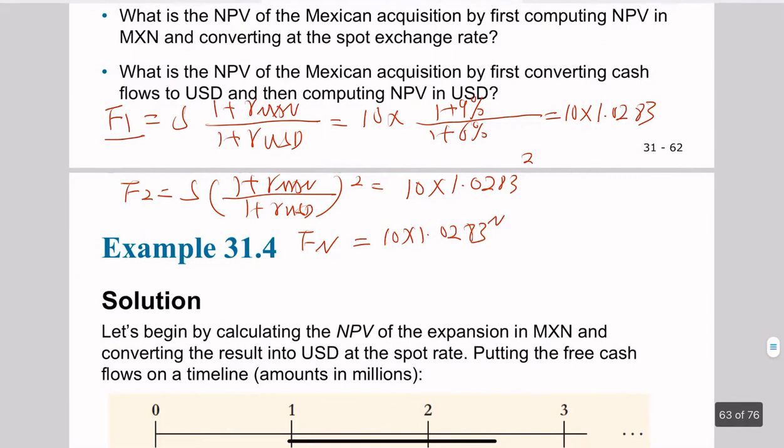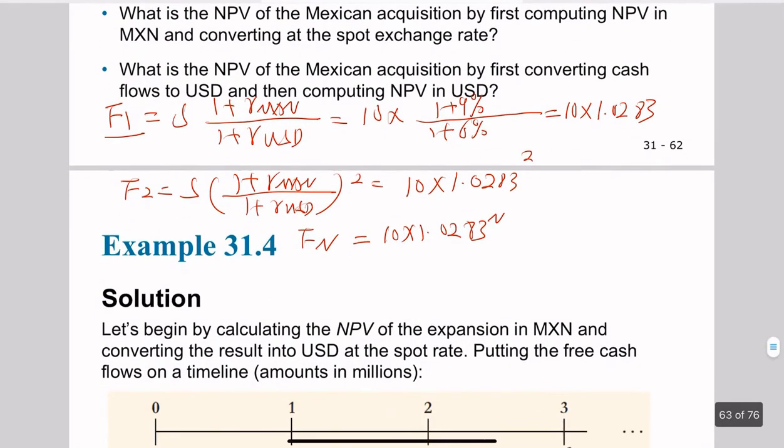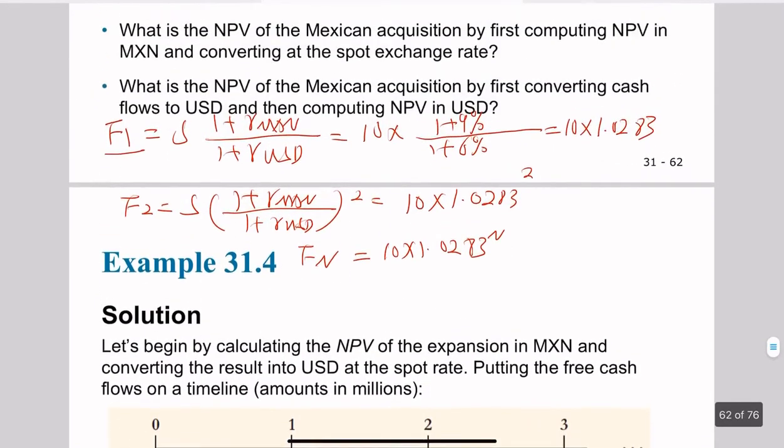And we have to think about how to convert the cash flow in MXN back to the cash flow in USD. So let's think about the timing here.